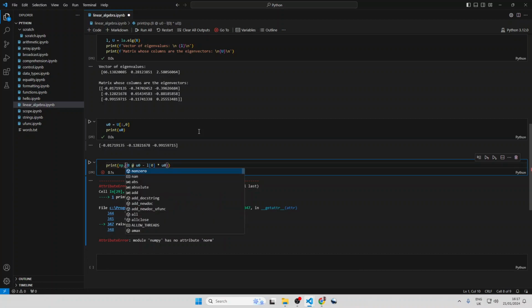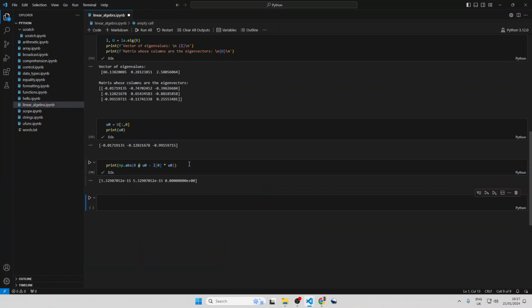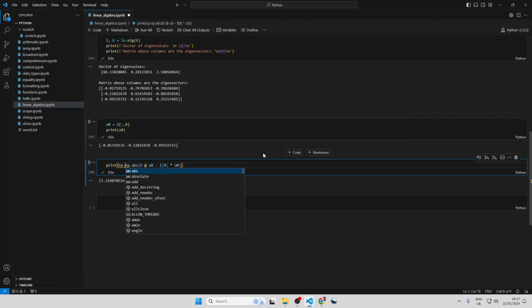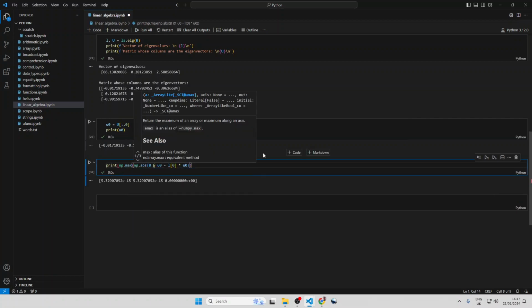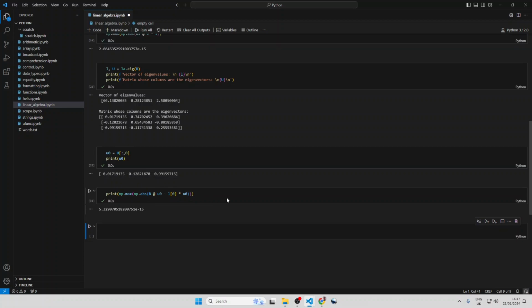Let's just do np.abs to take the absolute value, and then np.max. So we can see that if we do B u0 minus lambda 0 u0, that's going to be 0 more or less. So indeed, this is an eigenvector, and we could do that for the other two vectors as well.